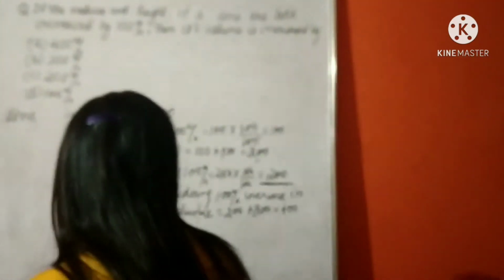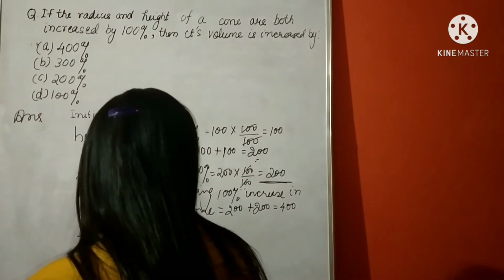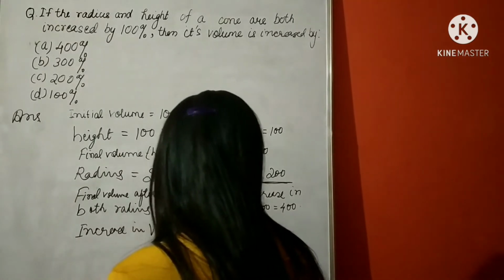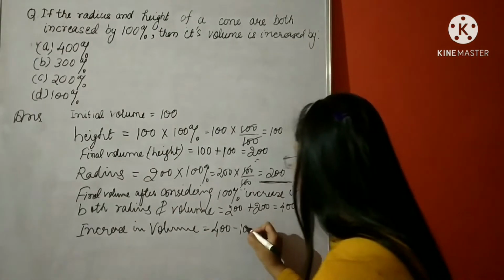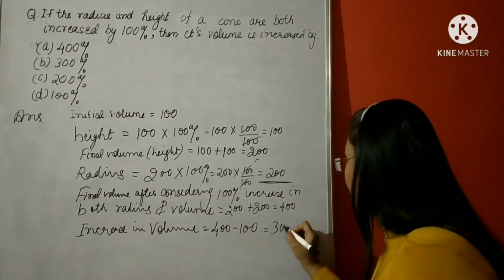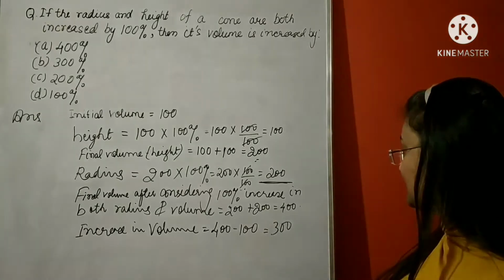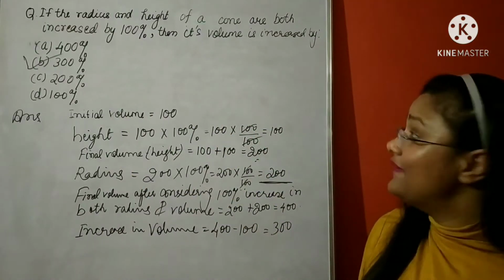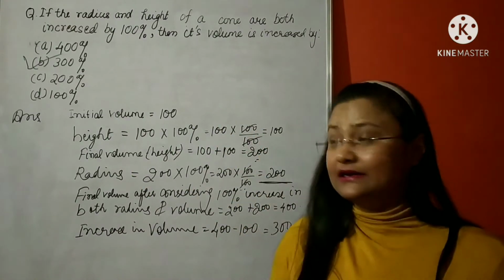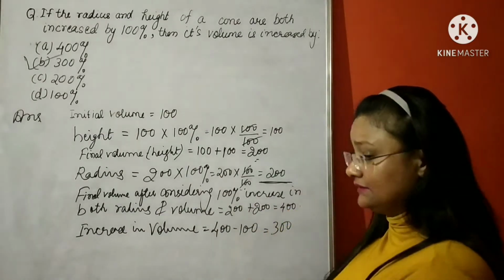So the increase in volume will be 400 minus 100, 300. And 300 is a 300% increase when the initial volume is 100. So our final answer will be 300%.